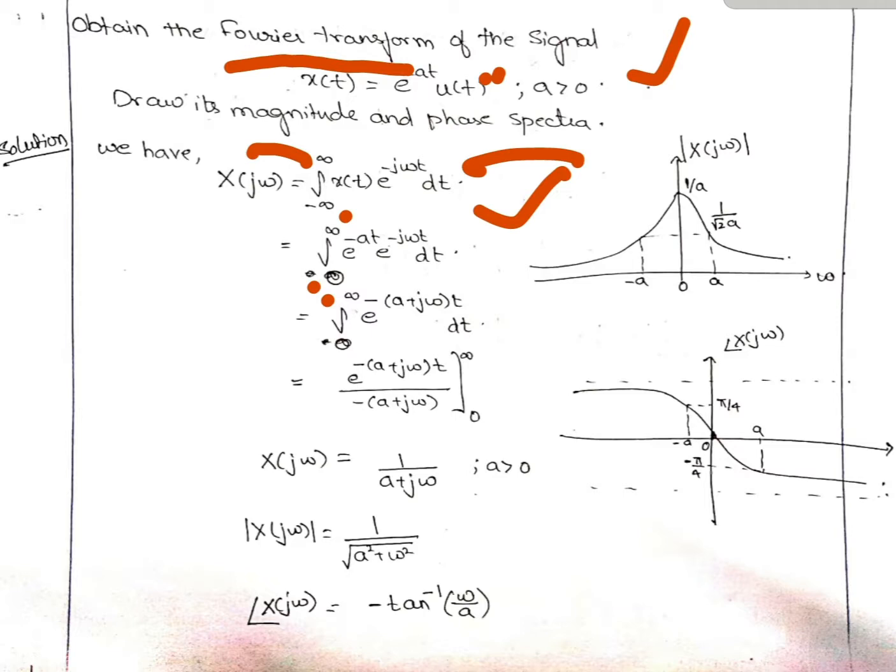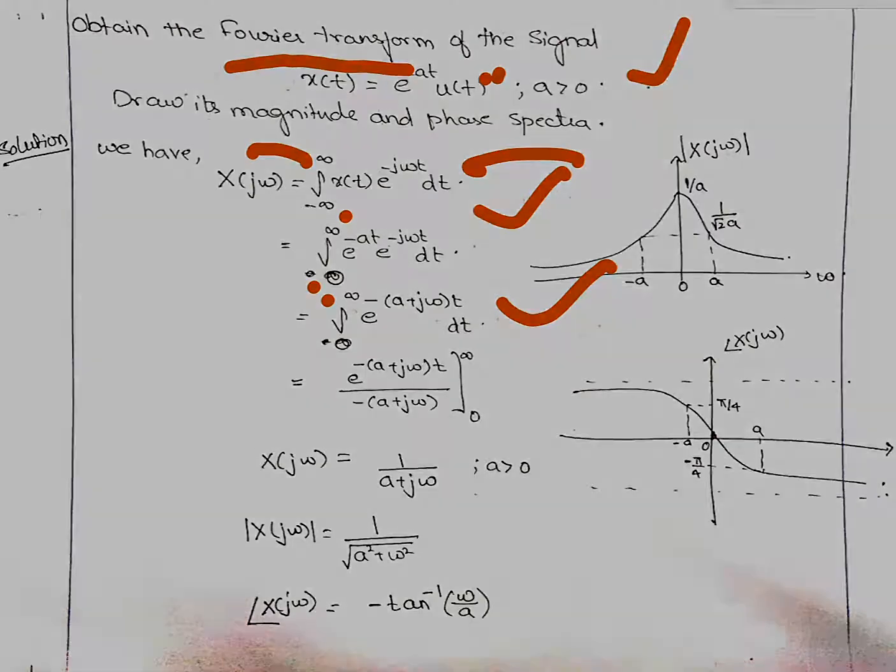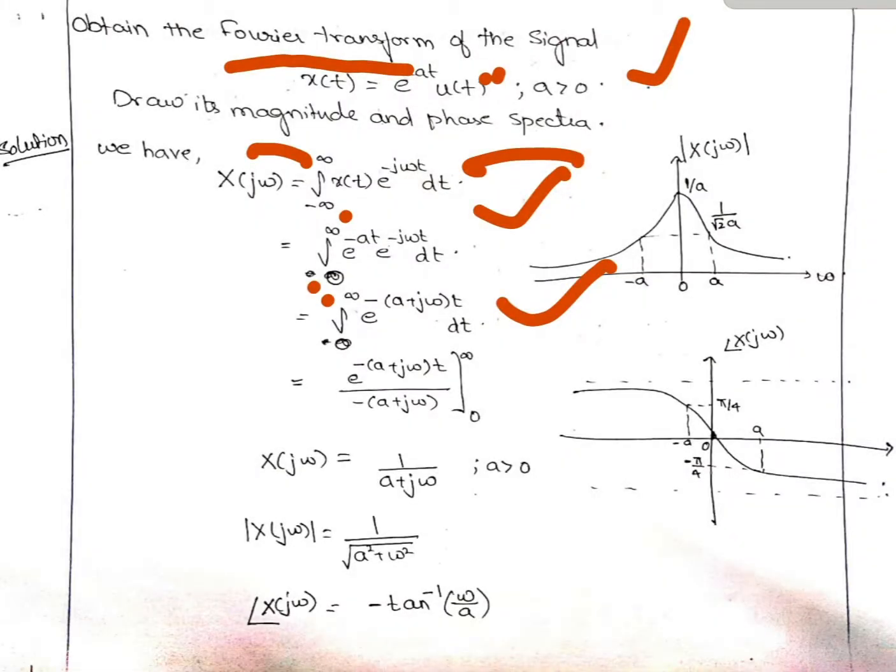Now substitute x(t), which is nothing but e^(−at). Taking t common from these two terms, we get e^(−(a+jω)t) dt. Now applying the integration, e^(−(a+jω)t) divided by −(a+jω), and substituting the lower and upper limits, X(jω) = 1/(a+jω) for a greater than 0.